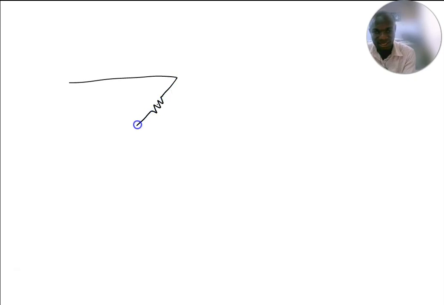That question is very popular in your handouts. For instance, I have something like this. A resistor here. That's the bridge circuit. So this one and this.